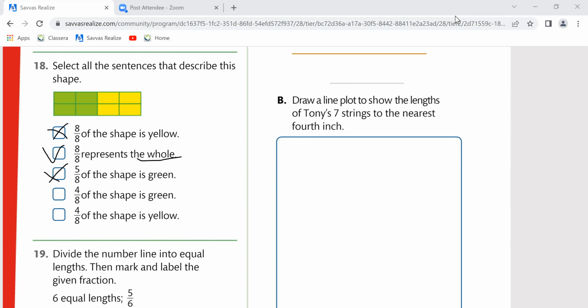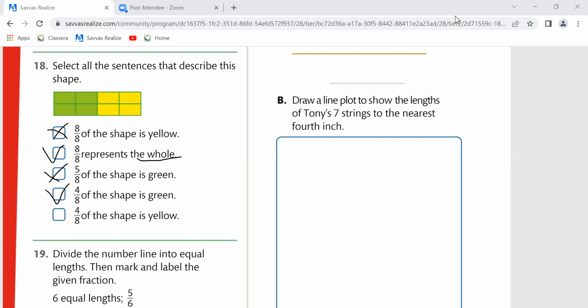Sally, 4 out of 8 is yellow? 1, 2, 3, 4 out of 8. Yellow? Can you take your finger and count? How many yellow? Out of how many together?